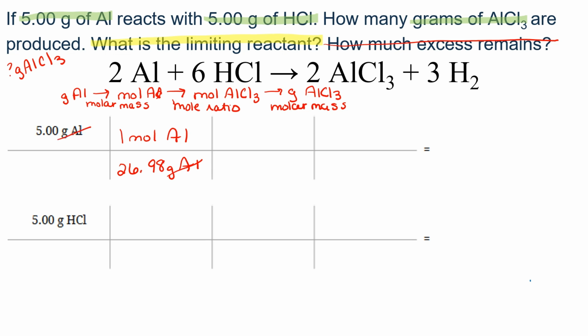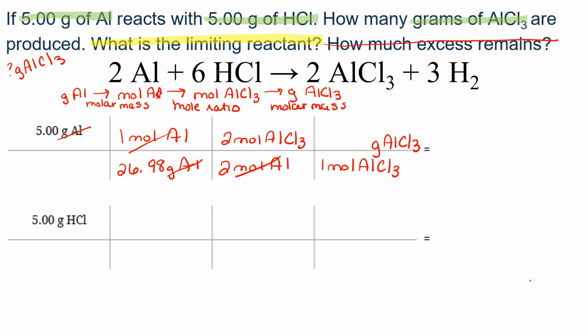Now I'm going to look at my balanced equation. There's 2 moles of aluminum in my balanced equation and 2 moles of aluminum chloride. Moles of aluminum cancel. Now I need to get to grams of aluminum chloride. For every 1 mole of aluminum chloride, I have some number of grams of aluminum chloride.